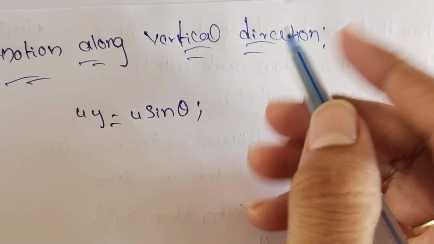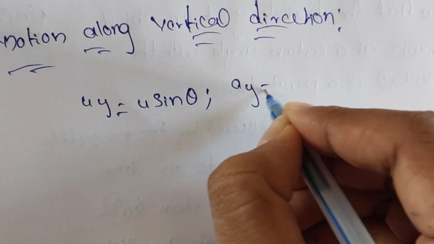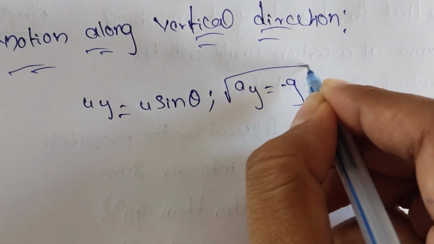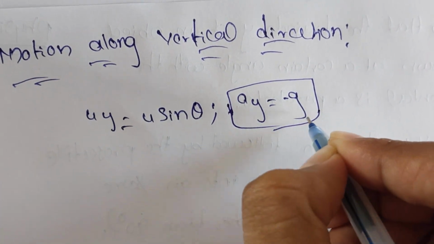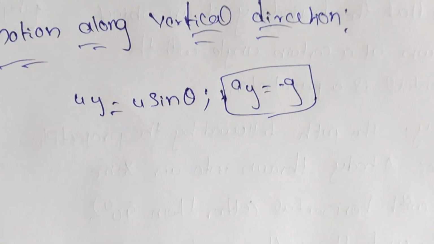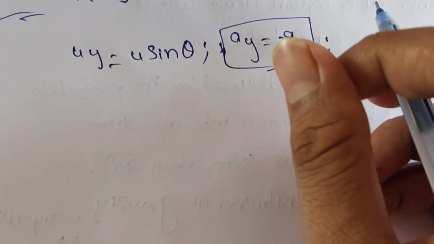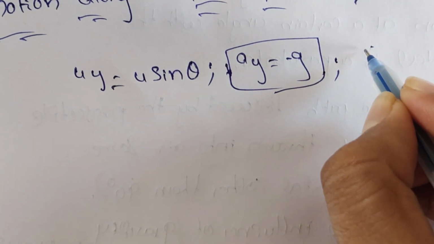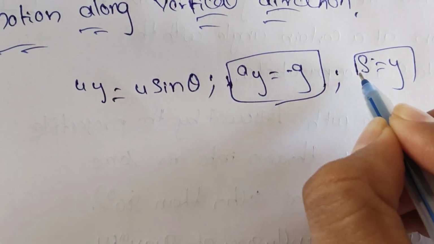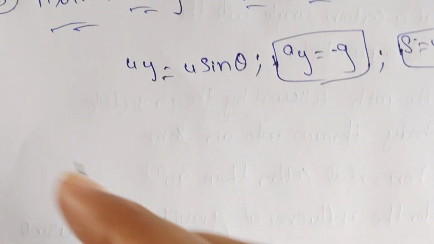That means what we get is ay equal to minus g. Ay equal to minus g. Now we also have the s component, s becomes y. This is the displacement for the same motion.